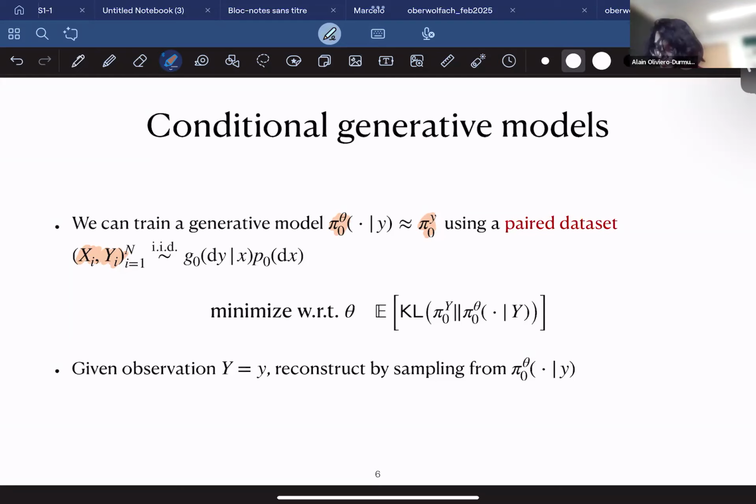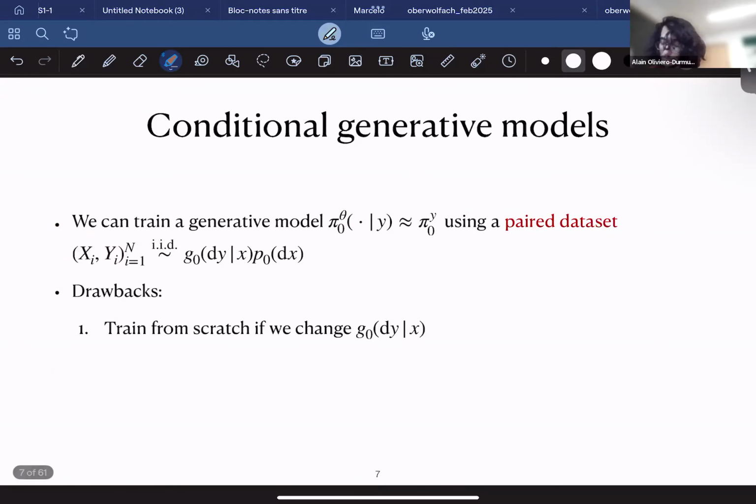Then, once you have trained and fit your parameter theta, you can take the observation y from which you want to reconstruct the signal, and simply sample from your trained model given the observation y.